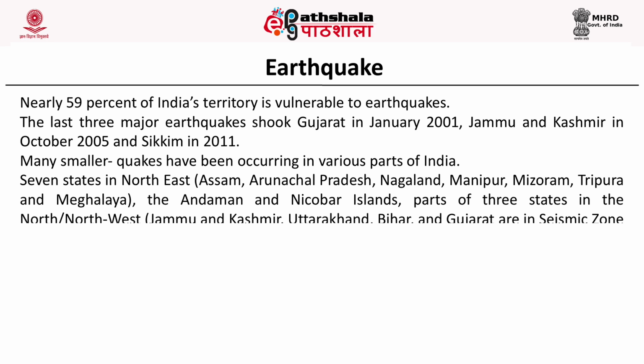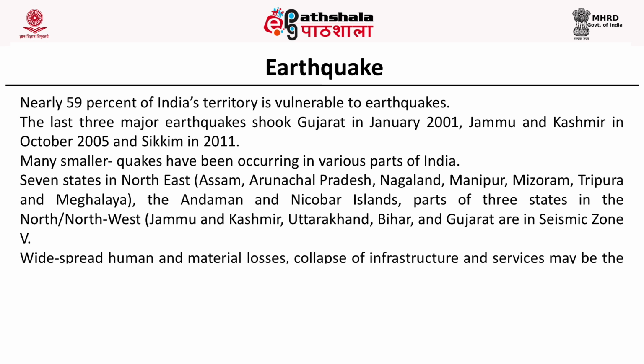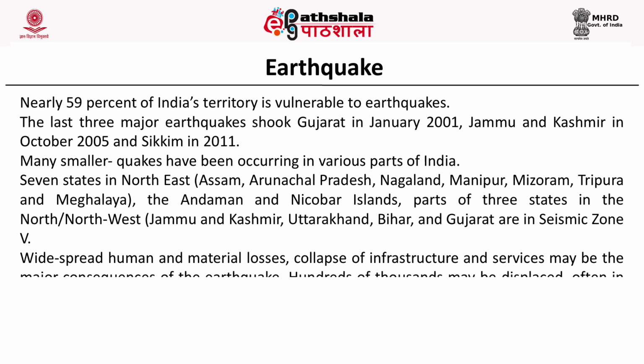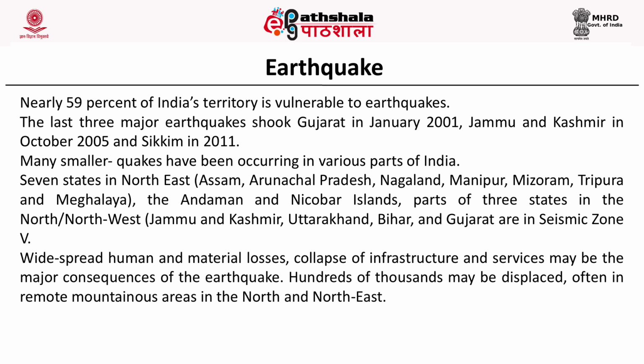The seven states in the northeast, that is Assam, Arunachal, Nagaland, Manipur, Mizoram, Tripura and Meghalaya, the Andaman and Nicobar Islands, and parts of three states in the north or northwest, that is Jammu and Kashmir, Uttarakhand, Bihar and Gujarat, are in seismic zone 5. Widespread human and material losses, and collapse of infrastructure and services may be the major consequences of earthquakes. Hundreds of thousands may be displaced, often in remote mountainous areas in the north and northeast.